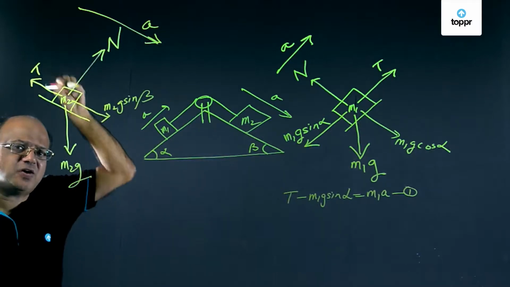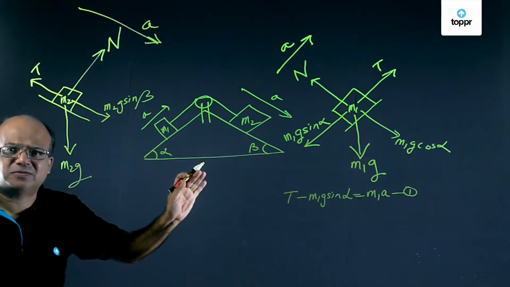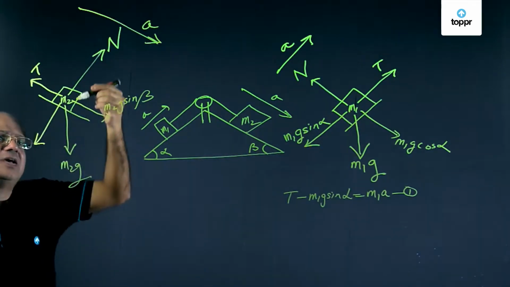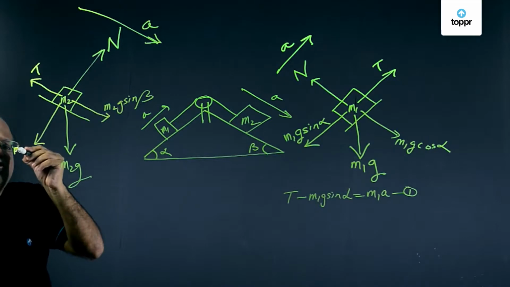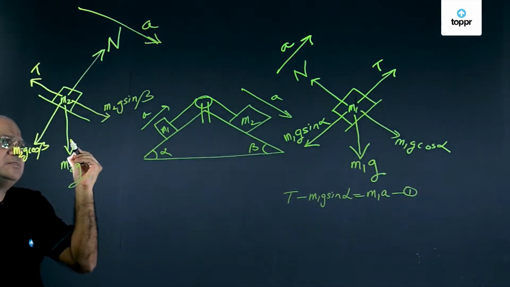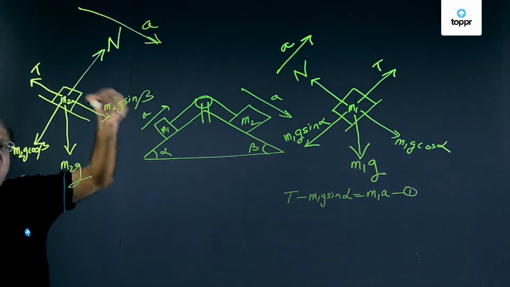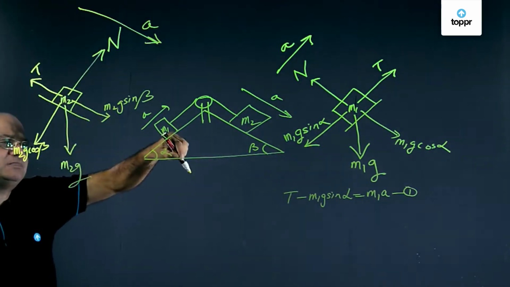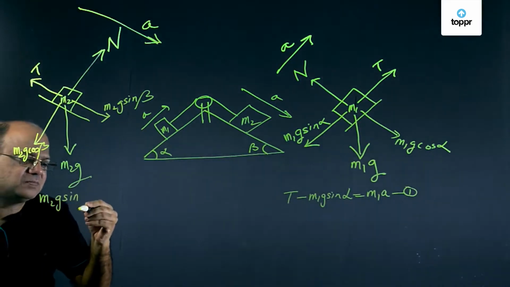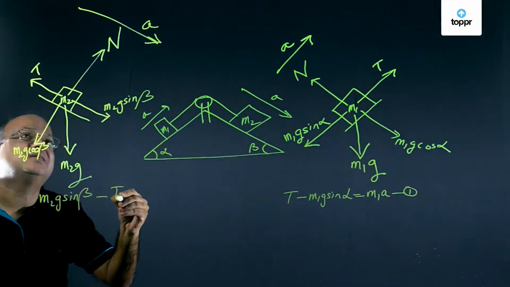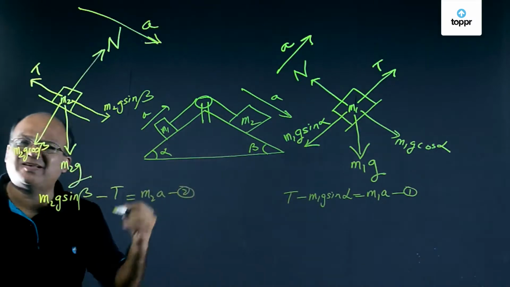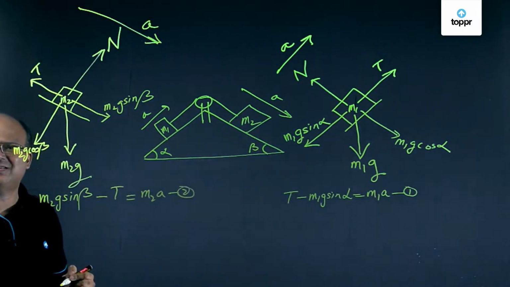The component of weight down an inclined plane is the sine component. And the component in this direction will be the cos component, m2g cos beta. So now we are interested in this direction because the body is accelerating in that direction. So net force will be m2g sine beta minus T equal to m2a. Net force is mass into acceleration.